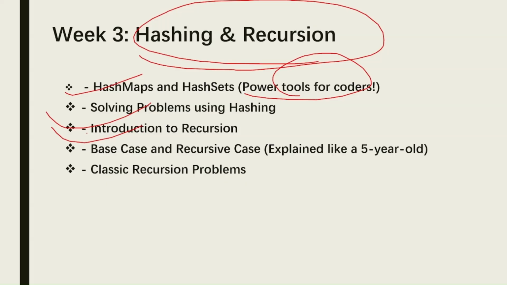It's not very hard, but initially it will seem very hard. Next is base case and recursive case. The base case is necessary for recursion. Otherwise, if we don't think about the base case, we cannot break the recursion, so we will continuously be stuck in a loop. Next is classic recursion problems.